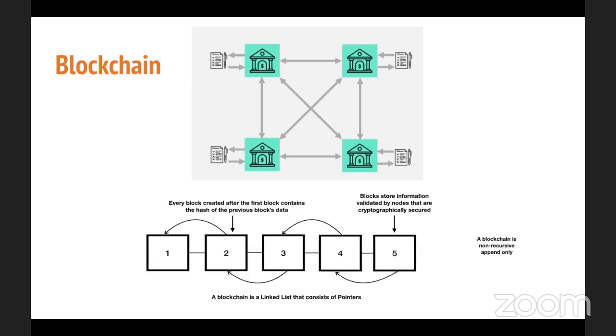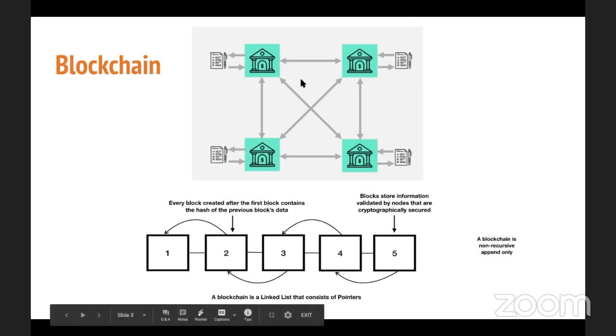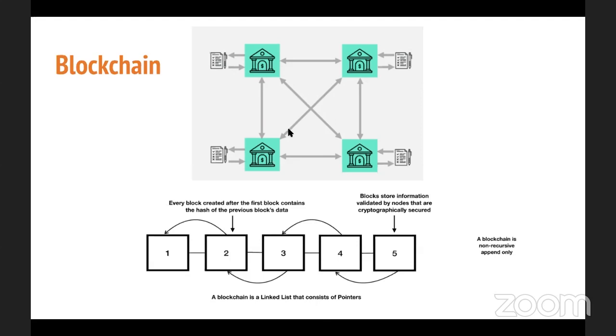Another property that the blockchain has is that it doesn't have an admin. So as we can see in the image, there is not a centralized entity that gives permission to the other banks that are here. We can call them nodes.